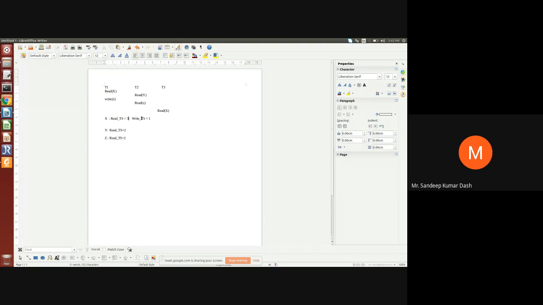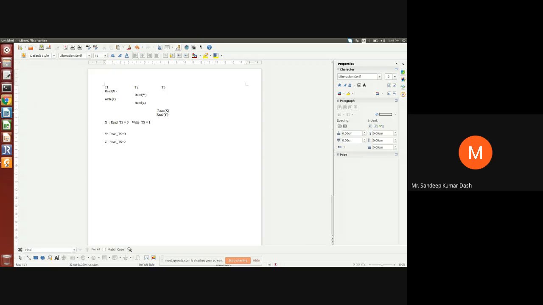Got it? Any doubt? If at the next clock cycle T3 is reading Y, the read timestamp of Y will be set to 3. So the read timestamp or write timestamp of an item changes as per the transactions that read or write on them. Got it?